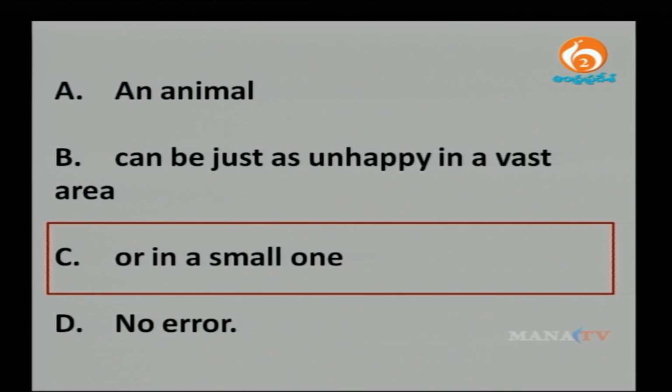This is where the problem is. That is grammatically incorrect. In a small one, this "in" is not necessary because it's already used here. An animal can be just as unhappy in a vast area or a small one.